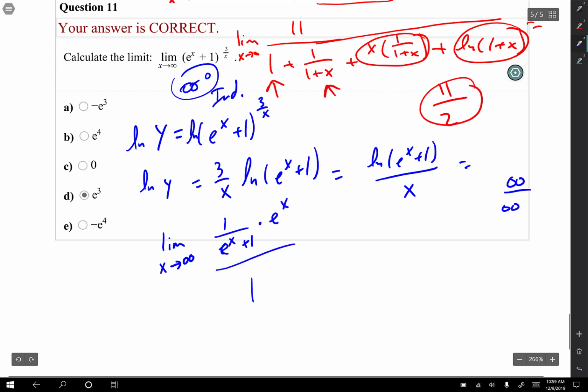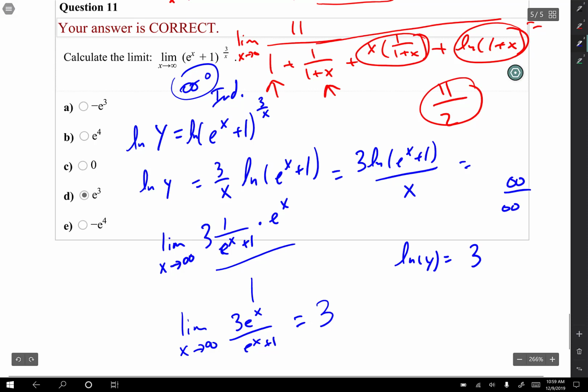So notice, am I missing something? Oh, that 3 should have been right there. Sorry, guys. So notice, limit as x approaches infinity of 3 e to the x over e to the x plus 1, end behavior. E to the x divided by e to the x is going to be 1, so I just get 3. But remember, I had ln in the front, so it's like saying ln of y equals 3.